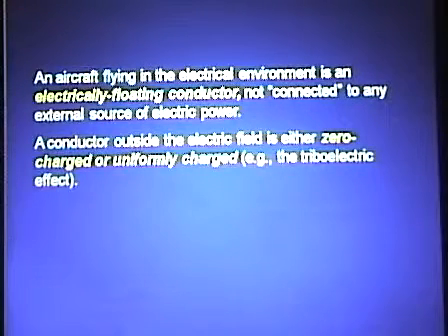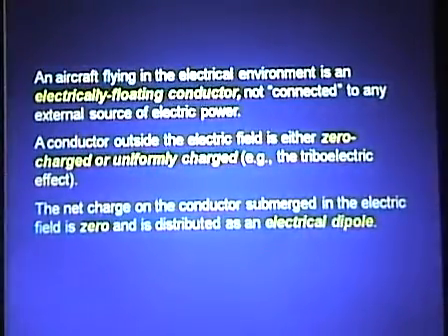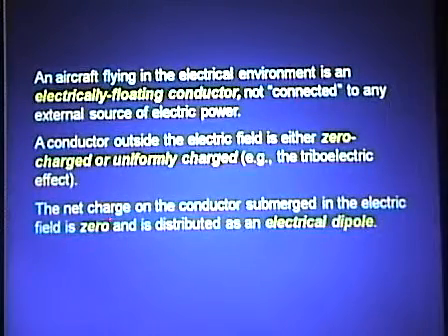Or if we use some friction with some material, we can charge it, like a triboelectric effect, and it will be uniformly charged. But if we put this uncharged conductor in electric field, it becomes an electrical dipole because it has free electrons. They move to one extremity, and the depleted part would be the other extremity, so we have an electrical dipole. But the net charge is still zero because it isn't connected to any source of charges.